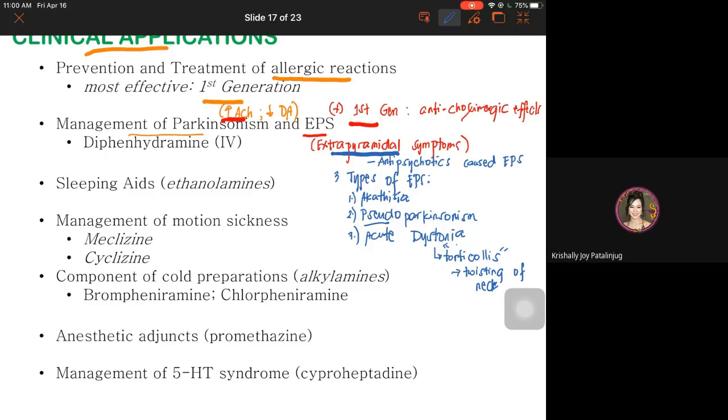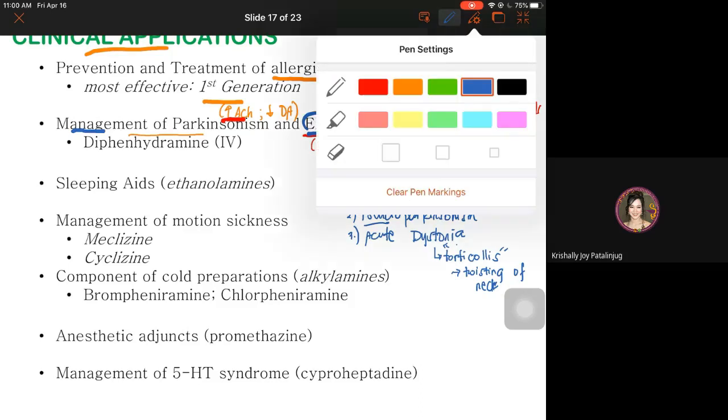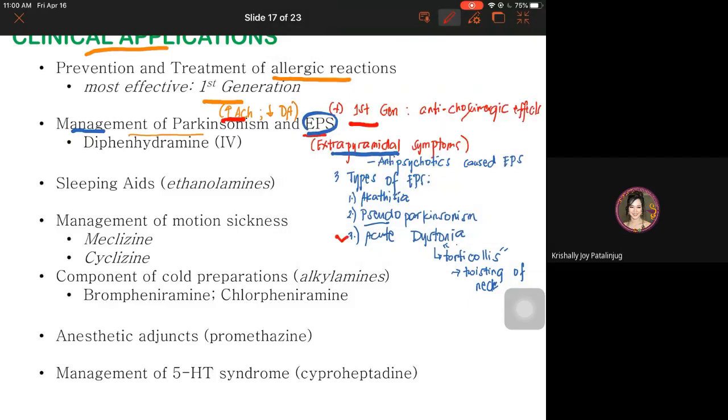Now, sabi dito, meron tayong H1 blocker used for the management of EPS. The particular type of EPS nga iyahang gina-manage is actually yung number 3. Halos lahat ng EPS, ang treatment are anticholinergics.